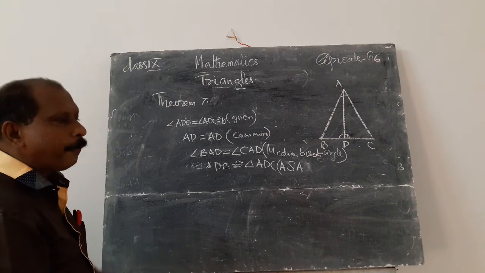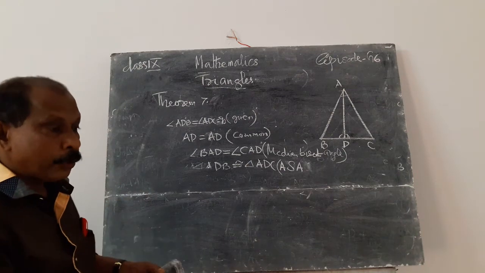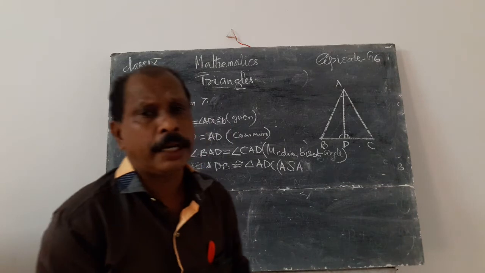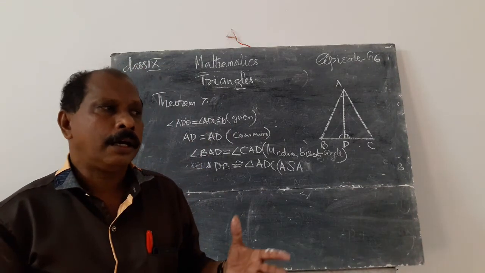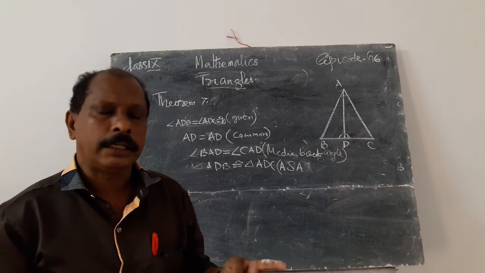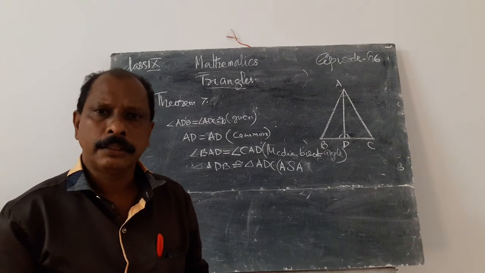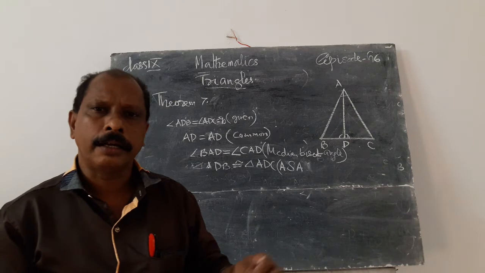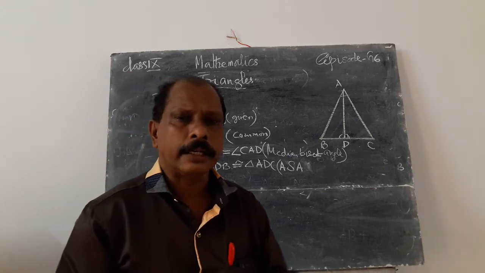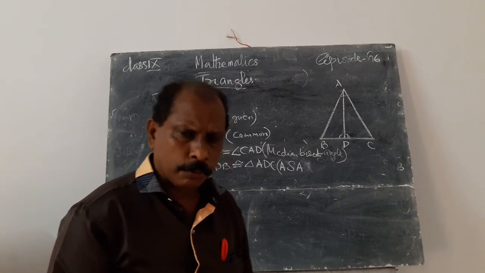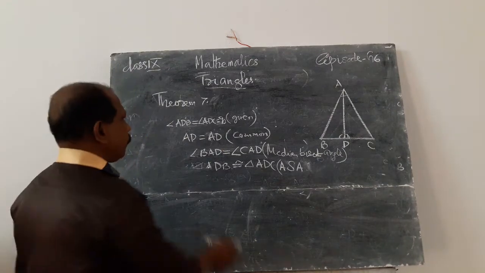That means we can prove our theorem using any one of those criteria: side, angle, side, angle, side, angle, or RHS. We can prove it using any type.